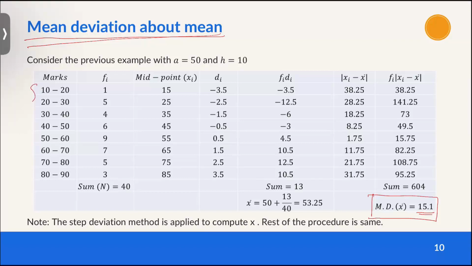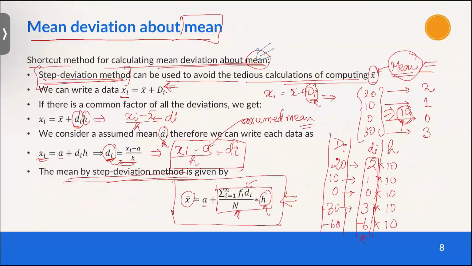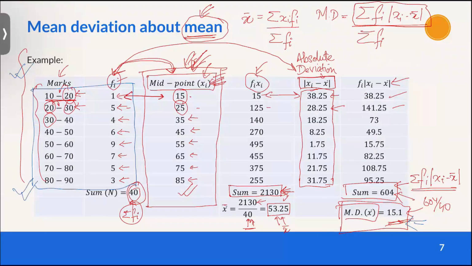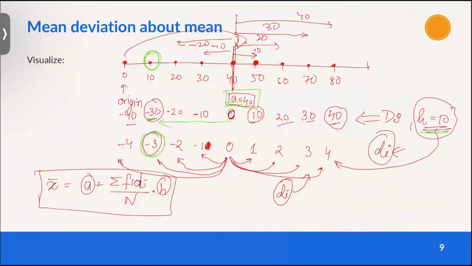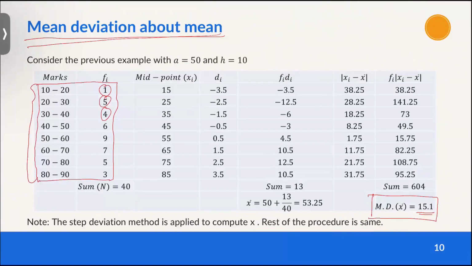Because the data is the same as the previous table. The marks of the students are given 10 to 20, 20 to 30, and the frequencies are also the same as the previous example: 1, 5, 4, 6, 9, and so on. We are just calculating the mean deviation using the step deviation method.